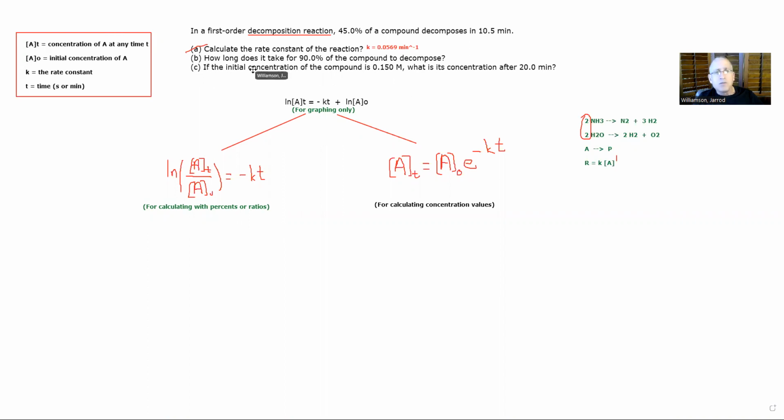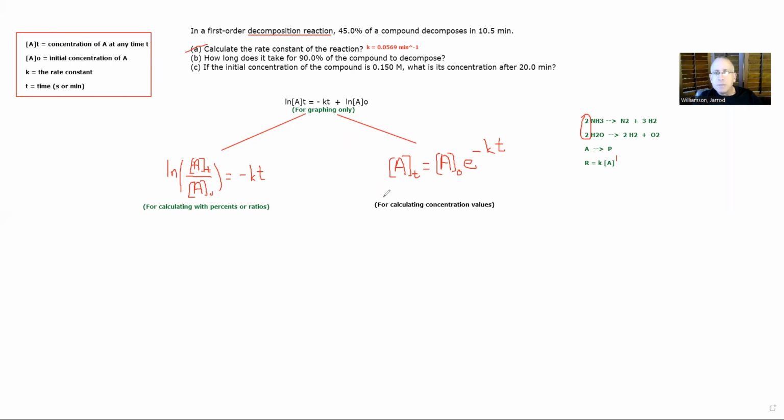This is concentration, concentration. That means we're going to use this one because Dr. Williamson said so. If you just trust me, I'm not going to get into all the whys and wherefores. I can't prove everything all of the time. Some stuff you just got to take my word for. So we're going to use this and solve these problems.